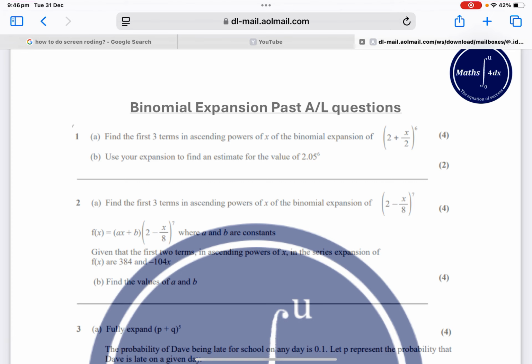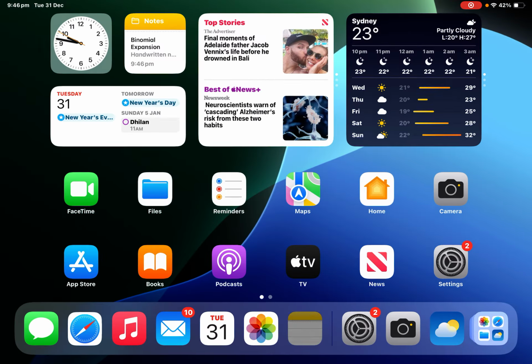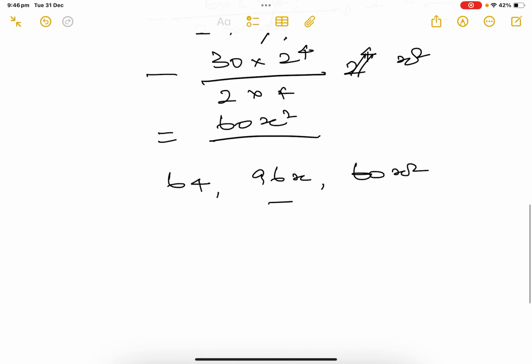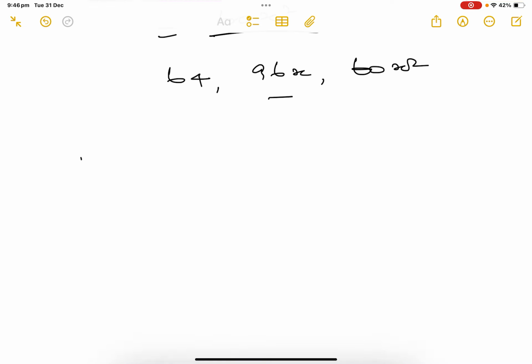Part B, use your expansion to find an estimate for the value of 2.05 to the power 6. This can be written in the form of part 1, (2 plus 0.1 divided by 2) to the power 6.